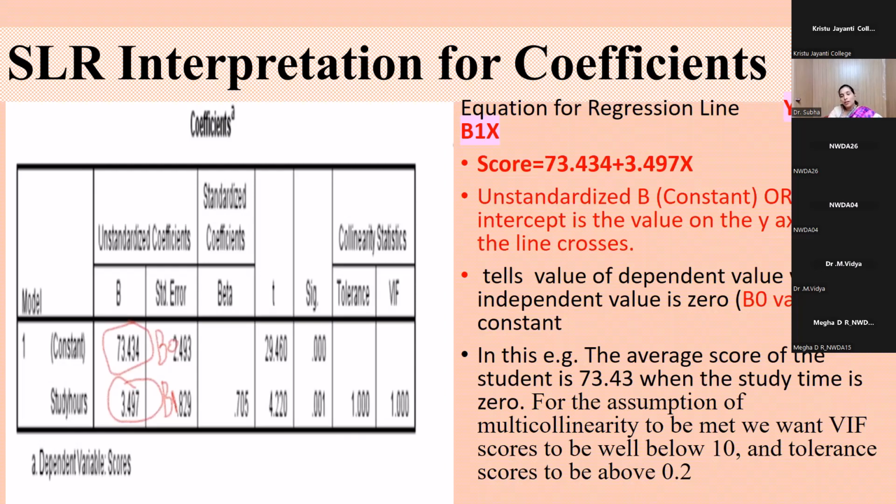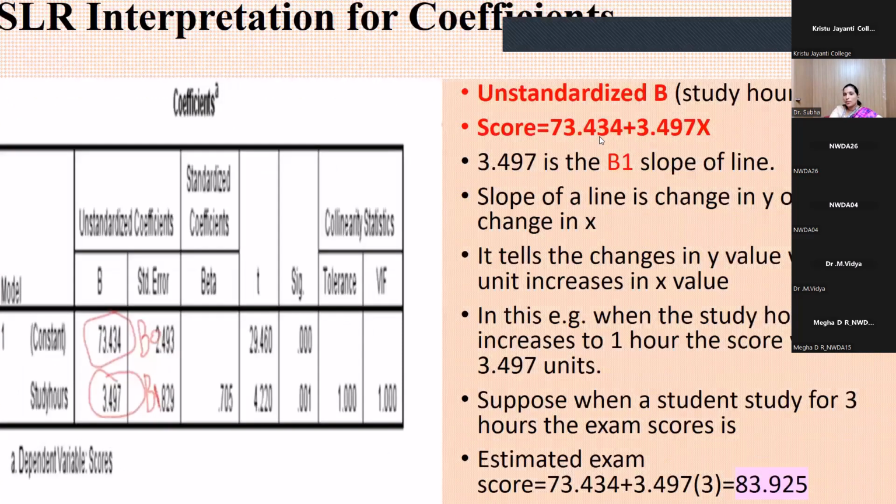Through the analysis, you have already found the constant value, and you have also found the coefficient value of x. So you simply substitute the values here. 3.497 is the slope. 3.497 is the beta 1 value, that is, the slope of the line.